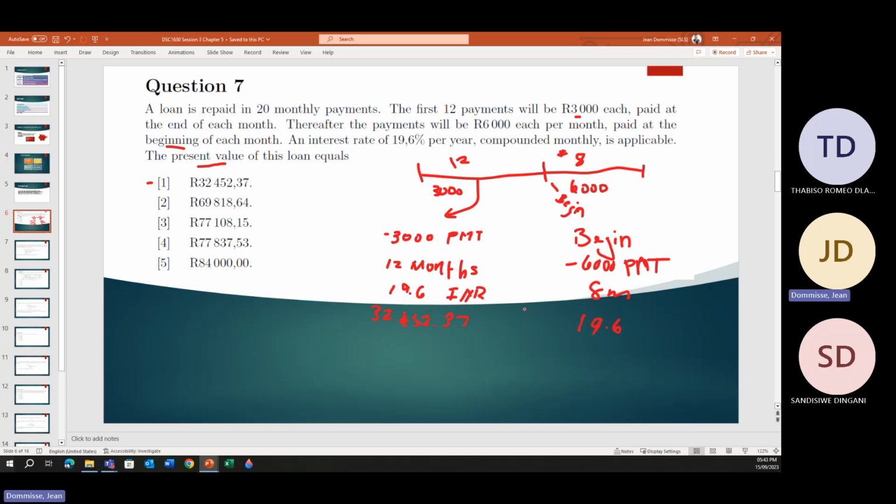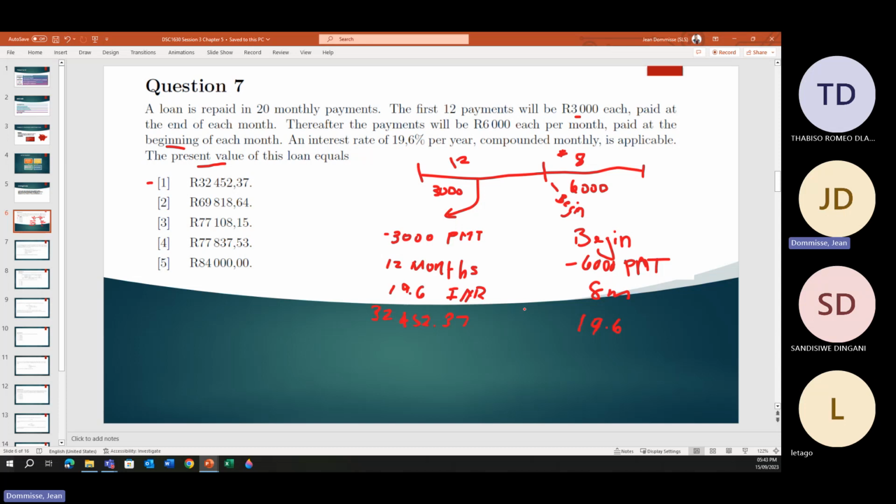And then your present value of that one is 45,385.16, but let me just quickly see what we still need to change here.